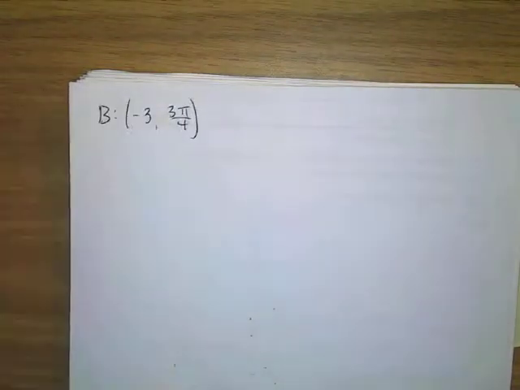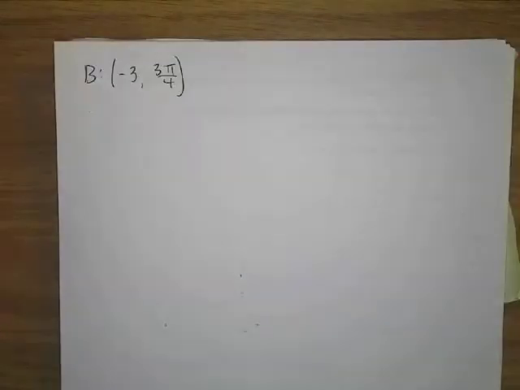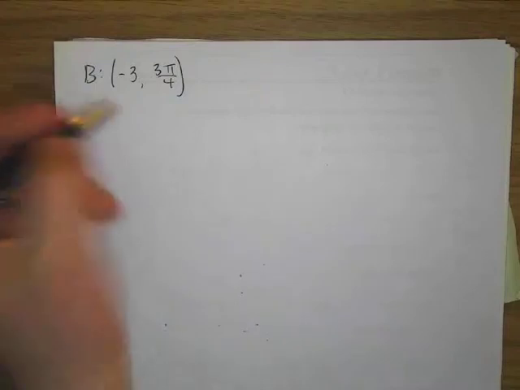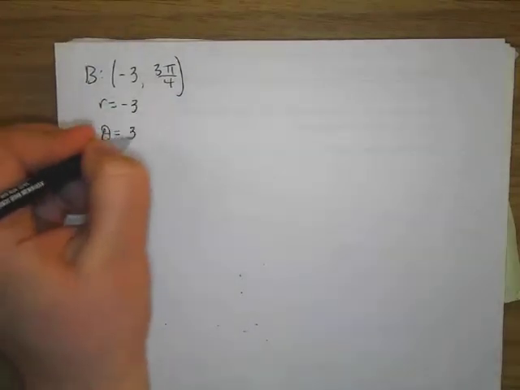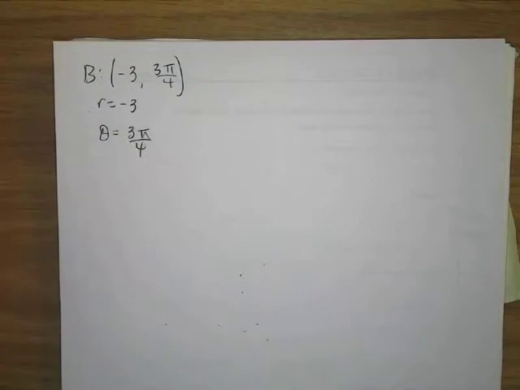Okay, so for point B, they give us -3 and 3 pi over 4. So what do they tell me when they tell me this? R and theta. Good. So r is -3 and theta is 3 pi over 4. And how are we going to figure out the x part of our coordinate?